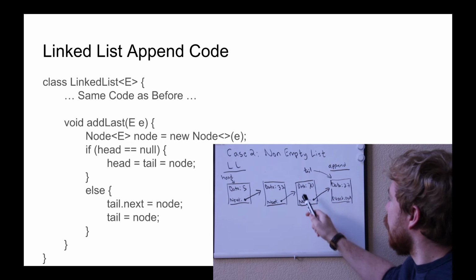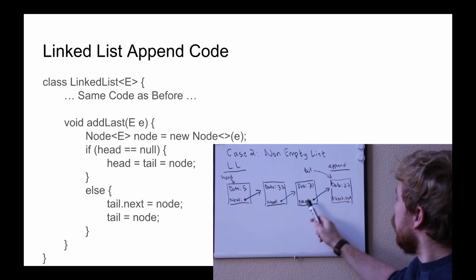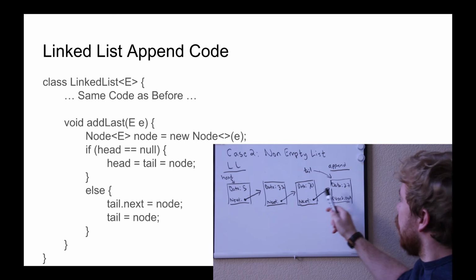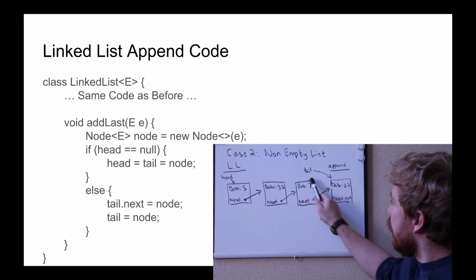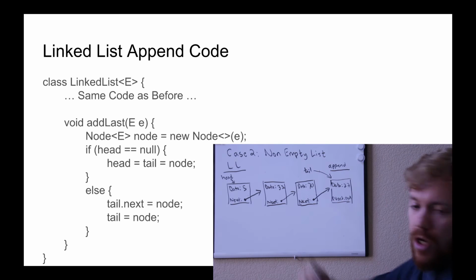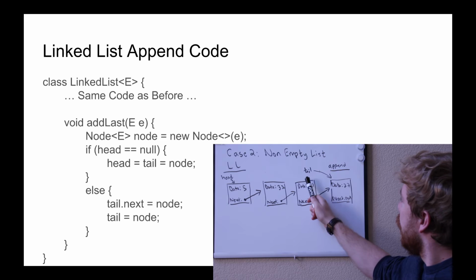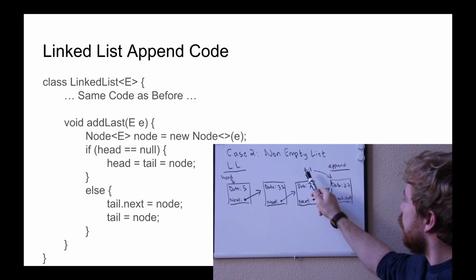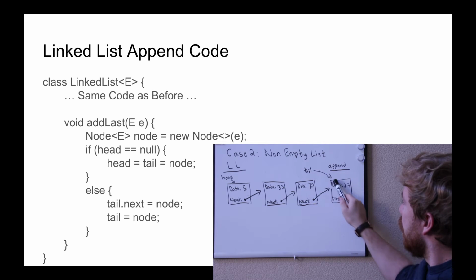And so when we said tail.next equals this node, we were referencing this memory. But then when we said tail equals node here, which is changing the reference from here to here, tail now references this object's memory.